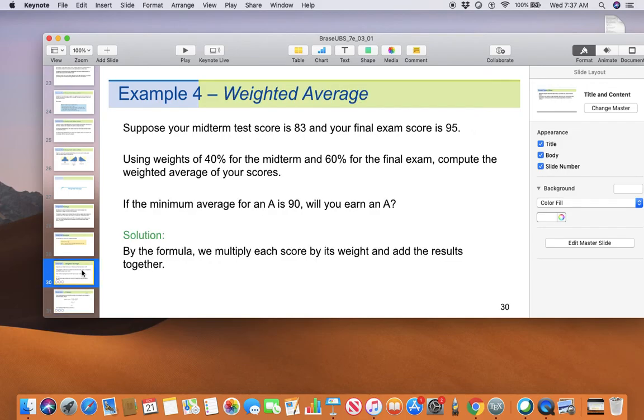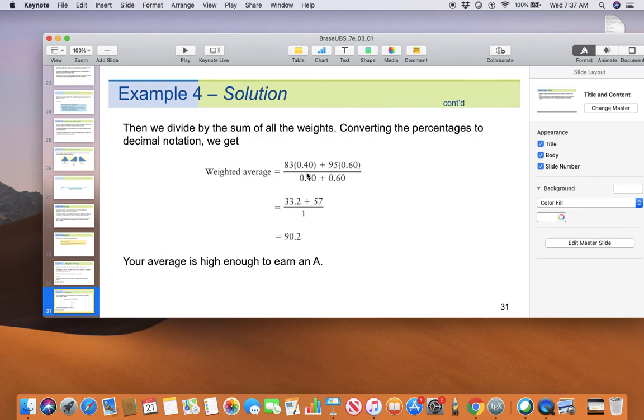Remember, you were given weights in percentages. Don't forget to convert them to numbers. All right. So 0.4 plus 0.6 is 1. That's fine. Upstairs you add them, you get 90.2. So basically you get an A. You barely make it. Across 90, you get an A.